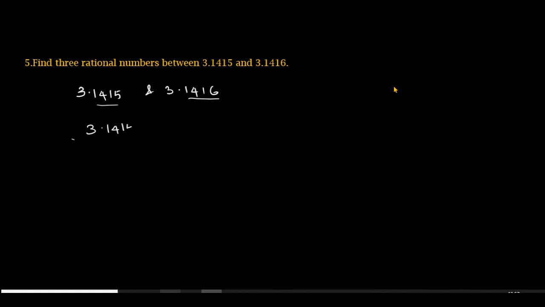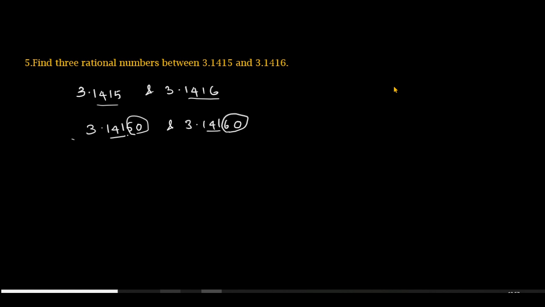So you can write, include a 0 here as well: 3.14150 and 3.14160. Now look here, the last 2 digits. 3.141 is the same here also. Now this is 50, then this is 60.